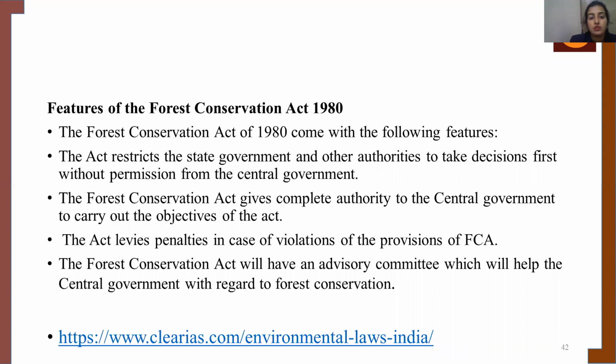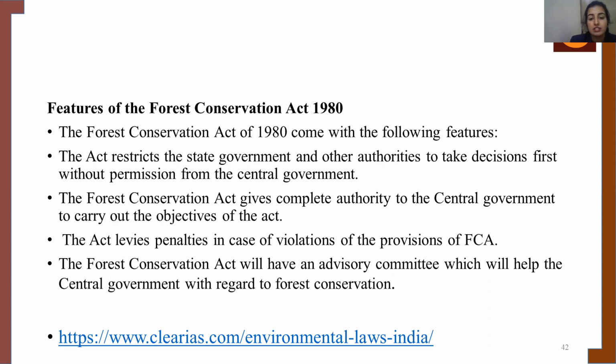The features of the Forest Conservation Act 1980 are: this act restricts the state government and other authorities from taking decisions without the permission of the central government. It gives complete authority to the central government to carry out the objectives of this act.